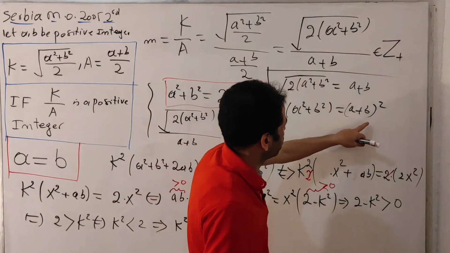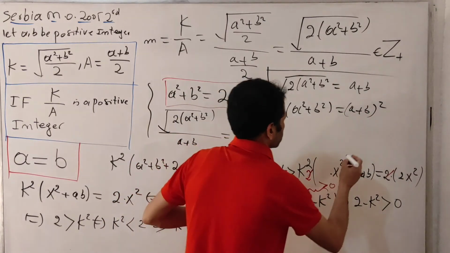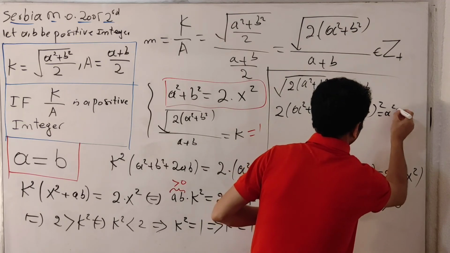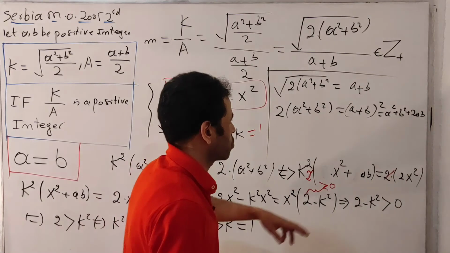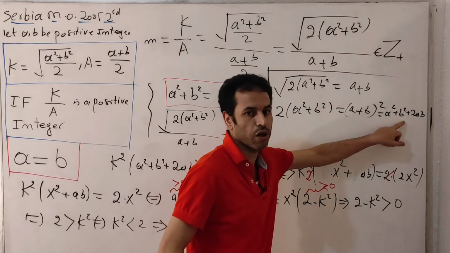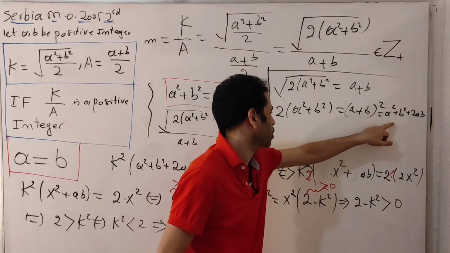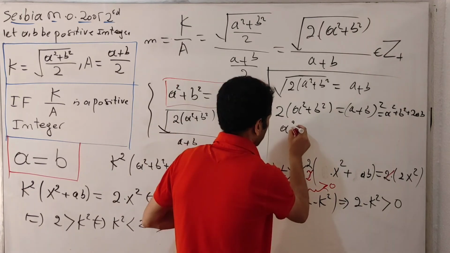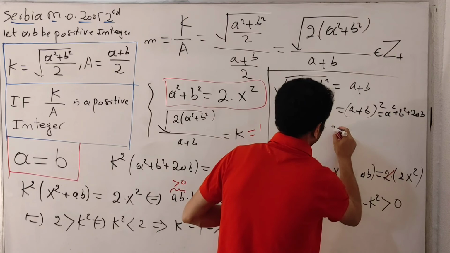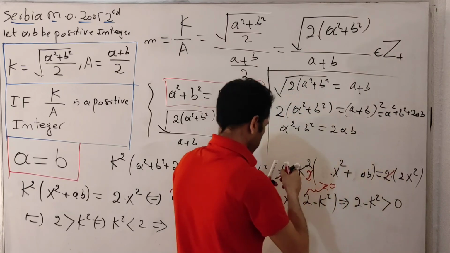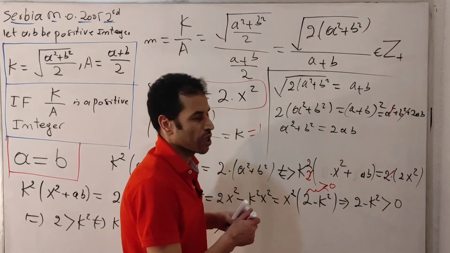So I'm going to simplify this expression here. This one is giving me a square plus b square plus 2 times ab. So one of the a square and b square are going to be cancelled from the right hand side. I will be left with a square plus b square on the left hand side of this equation, equal to 2ab. Okay, now I'm going to take this 2ab to the left hand side of this equation.